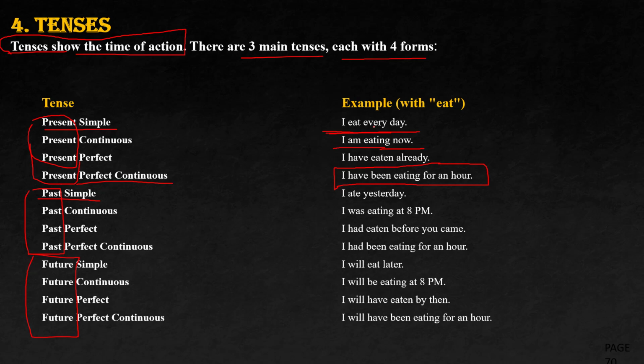When it comes to simple past, it is what happened yesterday or in the previous days, in the past. Okay. Example, I ate yesterday, means I had something yesterday. Next, past continuous. So you were doing it in the past. It was continuous.